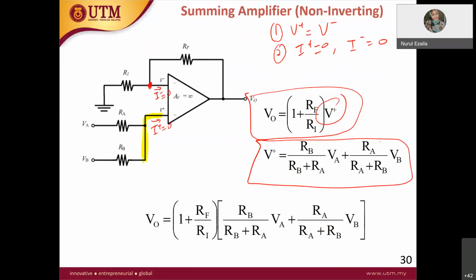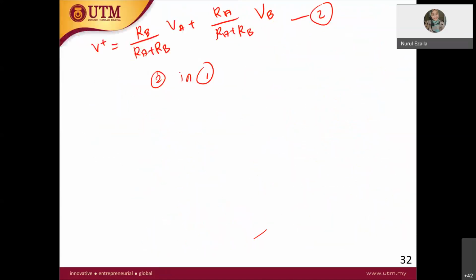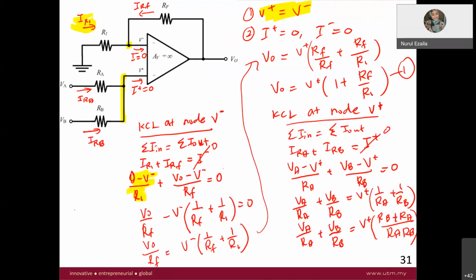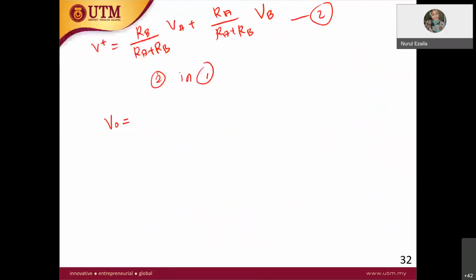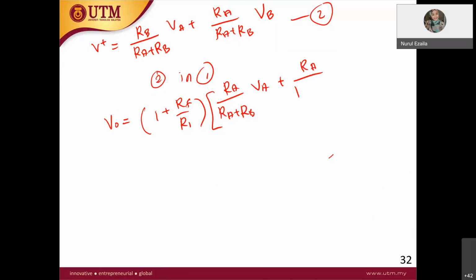V out is equal to 1 plus RF over R1, and then the whole term over there times V1 B, plus the whole thing here RE over RE plus RB VA plus RA over RE plus RB VB. So that's how you derive it.